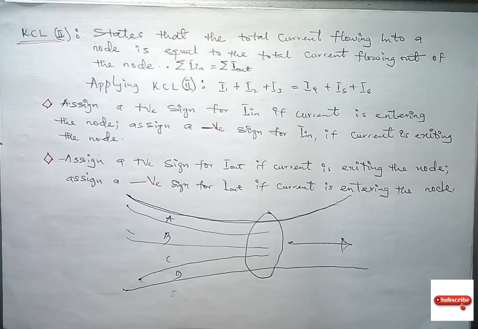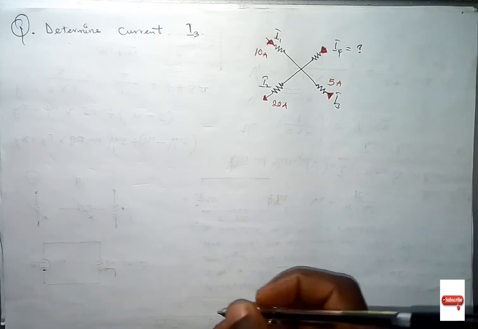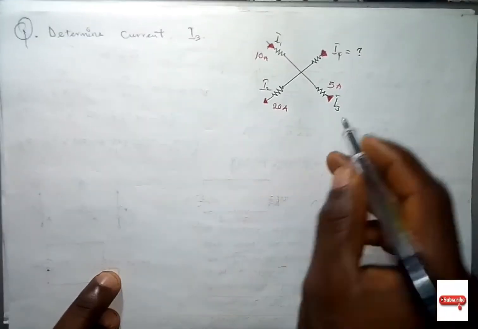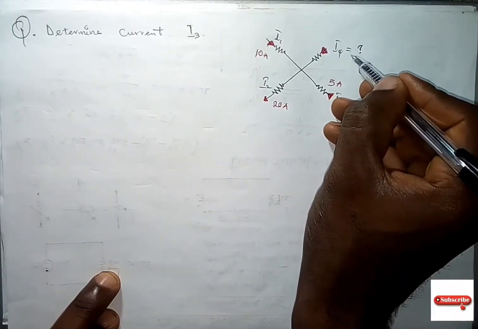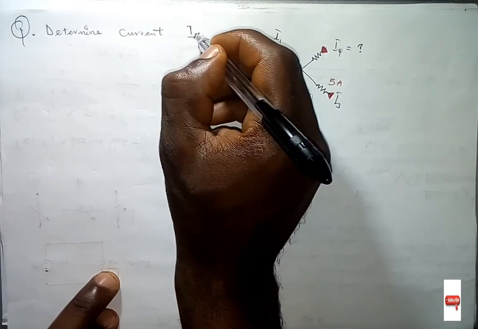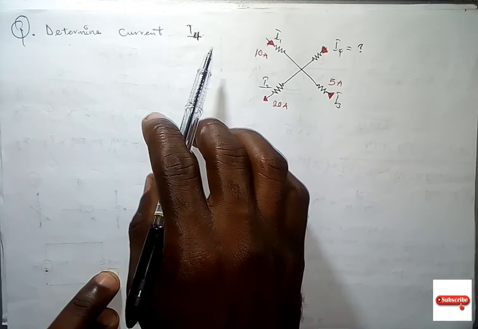So now let's take some examples that can give us a better understanding of the verification of Kirchhoff's current law. From this question, we are to determine the current I4.